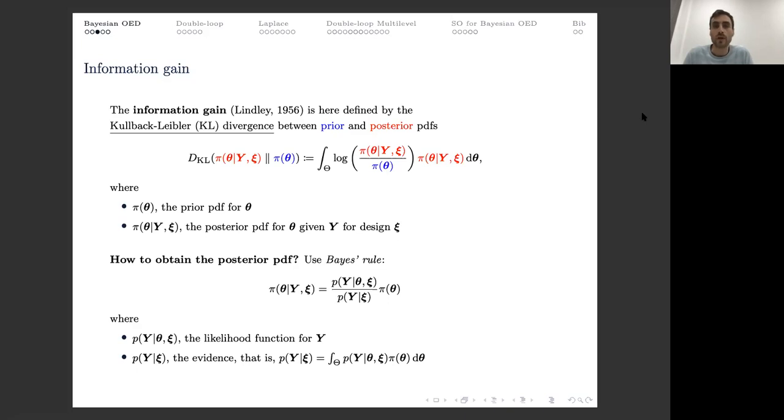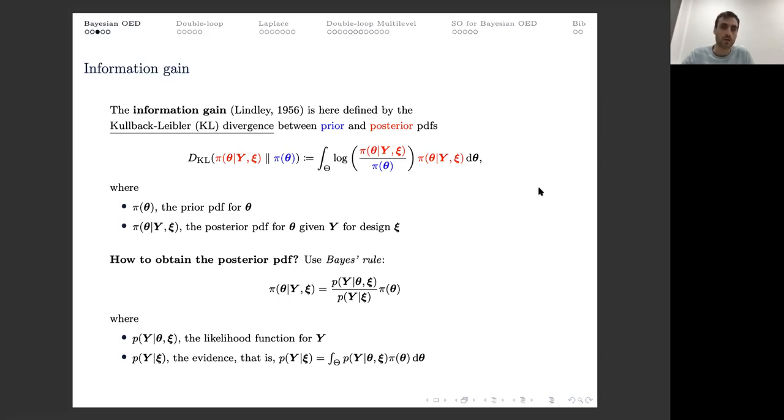And after we perform the experiment and we have measured the variable Y, which is our data, we can improve our knowledge and compute the posterior. And to compute the posterior, we use the Bayes rule. And with these two quantities, we can somehow measure this discrepancy or this gain, if you will, that will tell us the information gain. What was the gain by performing this experiment?